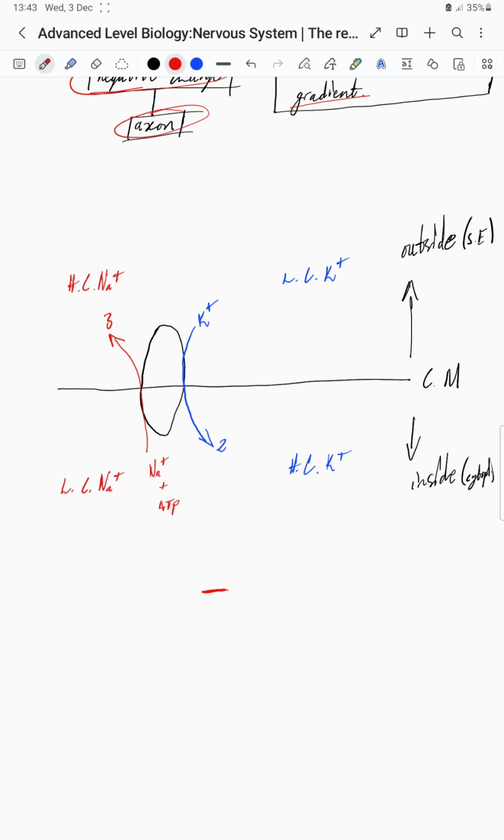It's more like we have removed three positive charges and retained two positive charges. So one positive charge is remaining at the outside, and the outside will become slightly positive, but this positivity is very slight, so it needs to be helped by what we call transport channels.